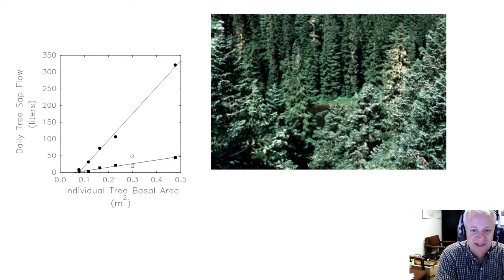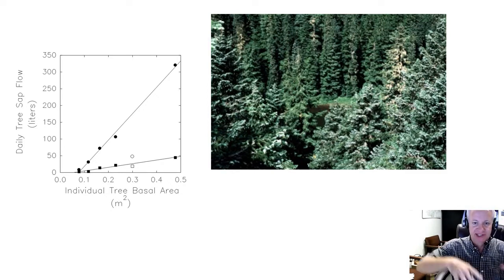The first several parts of this lecture dealt with transpiration and its control from leaves. And in this last piece, I'm going to go over transpiration at larger scales, from either individual trees or from entire forest stands. Now, clearly, the mechanisms which control transpiration from leaves also apply at the whole tree or stand level.